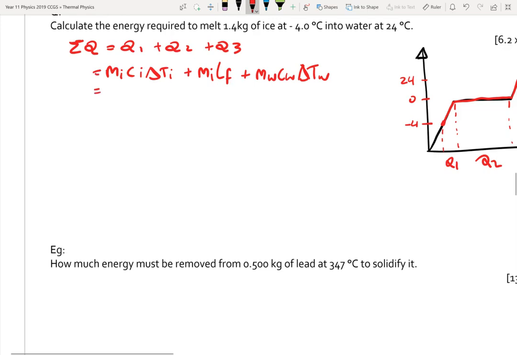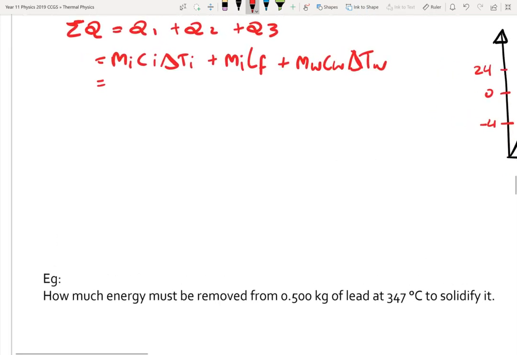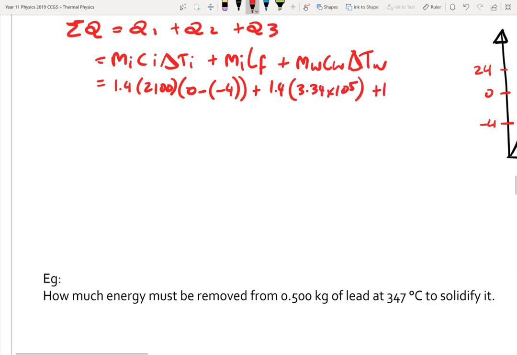Okay? 1.4 by 2100, 0 minus minus 4, plus 1.4, 3.34 by 10 to the 5, plus 1.4, 4180, 24 minus 0.